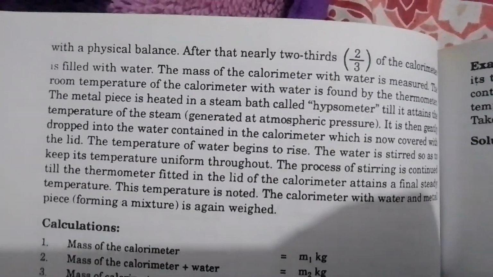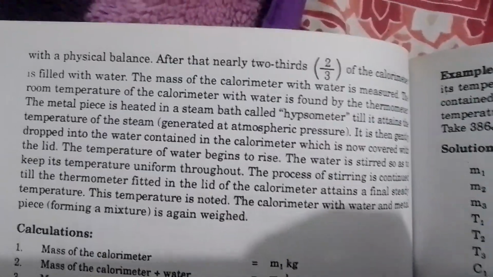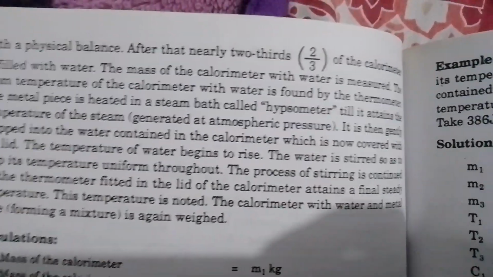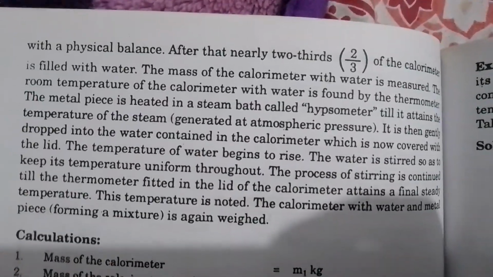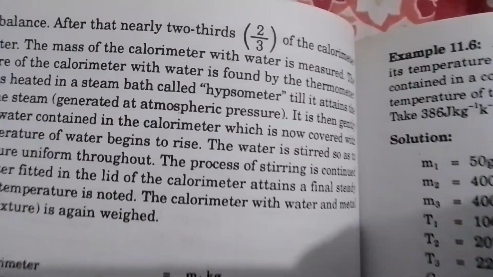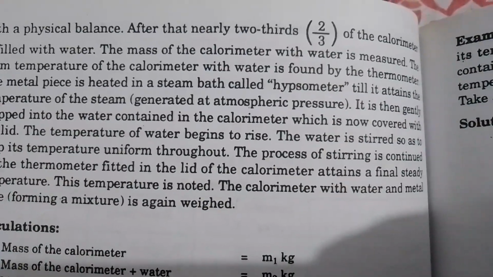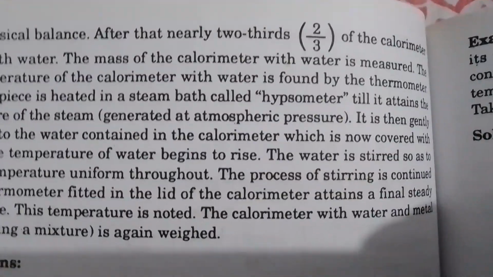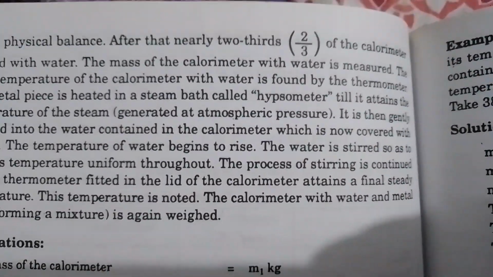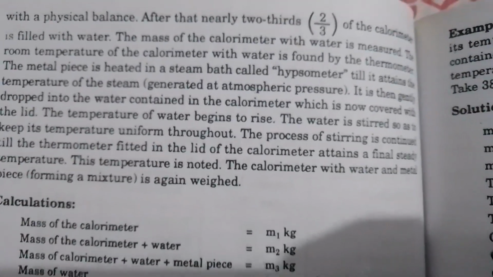The metal piece is heated in a steam bath called a hypsometer till it attains the temperature of the steam generated at atmospheric pressure. It is then gently dropped into the water contained in the calorimeter, which is now covered with the lid. The temperature of water begins to rise.